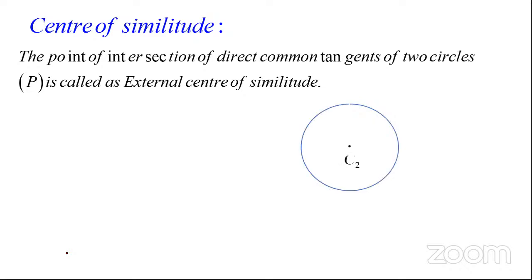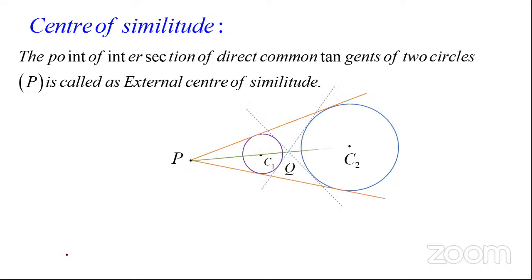See here, the point of intersection of direct common tangents. These brown lines are the direct common tangents of the two circles, and P is called the external center of similitude.